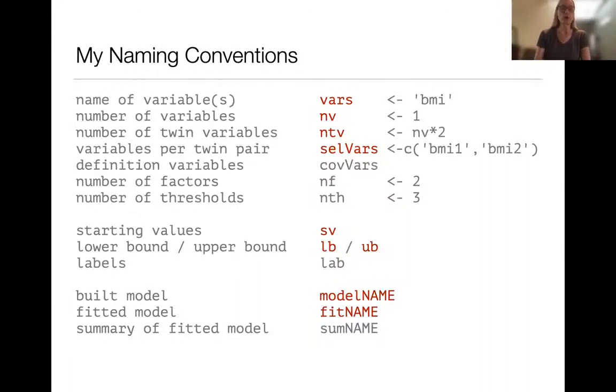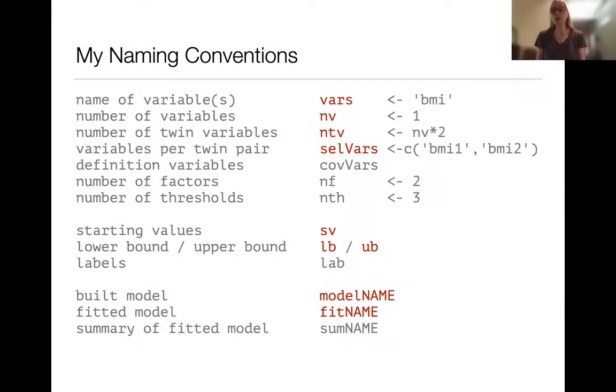So the number of variables is called vars, NV stands for number of variables, and NTV for number of twin variables, because most of the analyses here will deal with twin data. Selvars are the variables that are selected for the particular analysis. Defvars for definition variables, which typically are used to measure covariates or to include covariates, and so on.